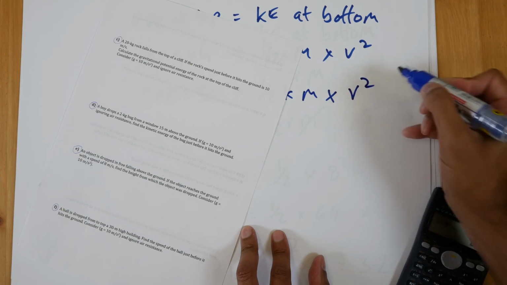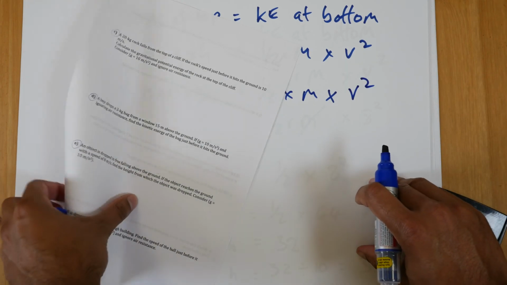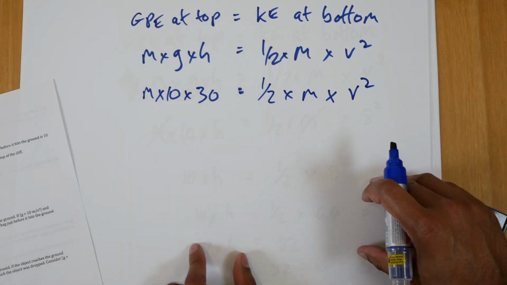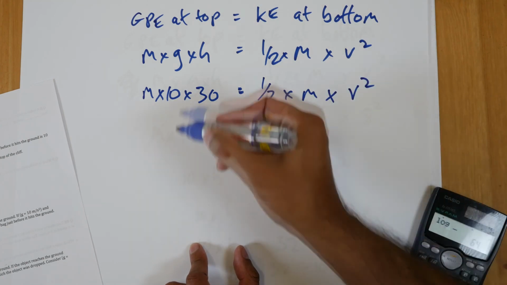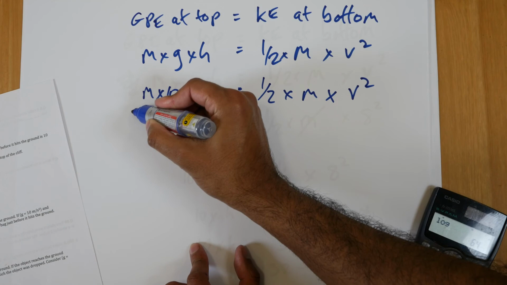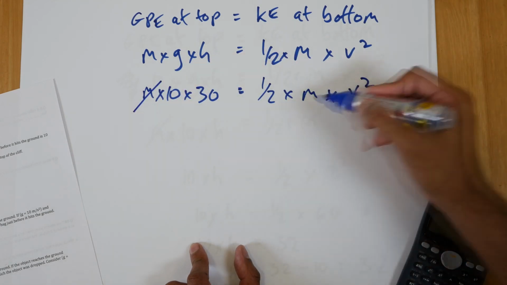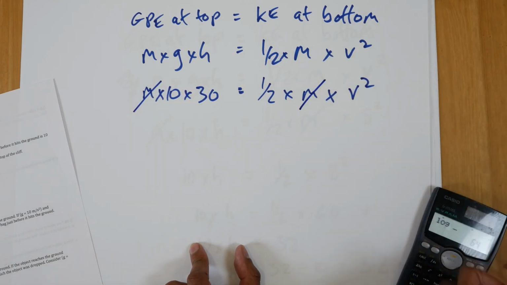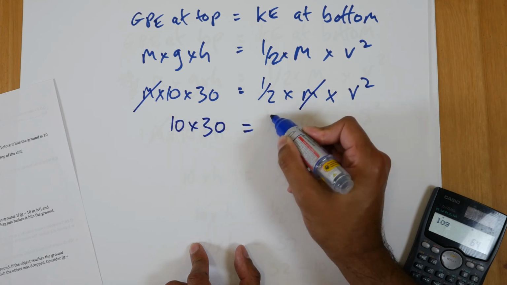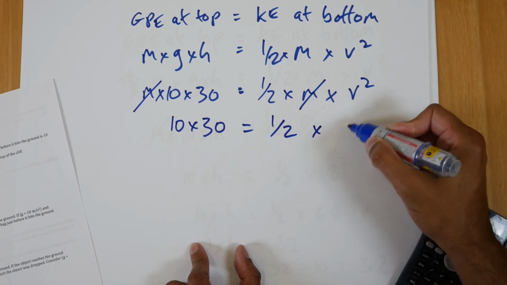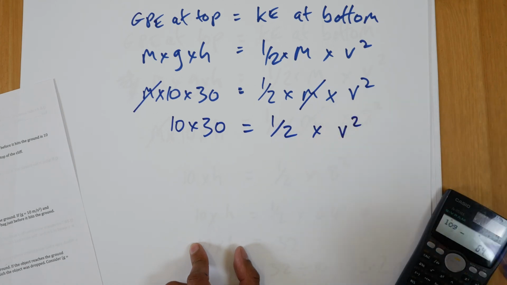All right, so again, what we're going to do is get rid of the m's on both sides. Divided by m on this side, divided by m on this side, and what we're left with is 10 times 30 is equal to half times v squared.